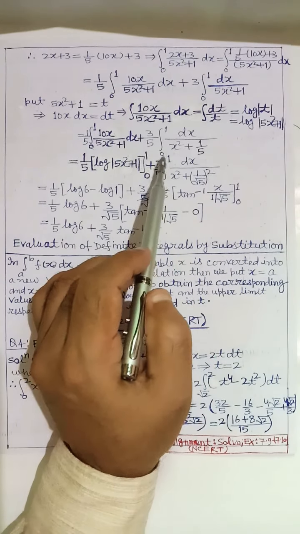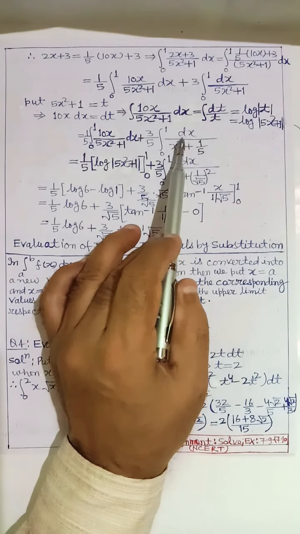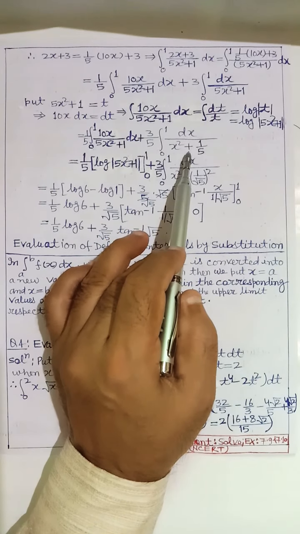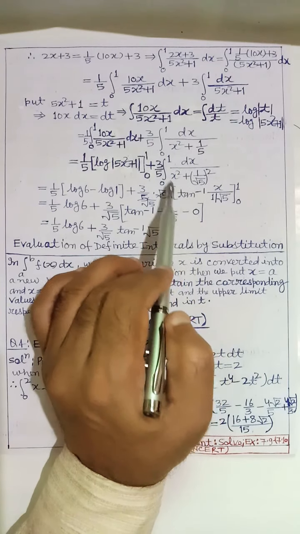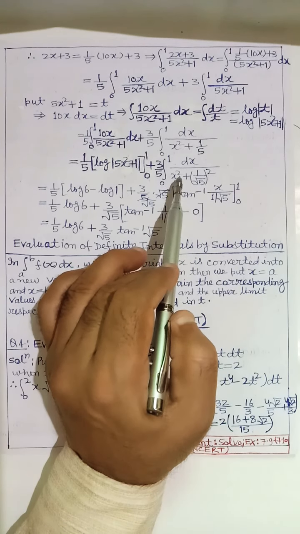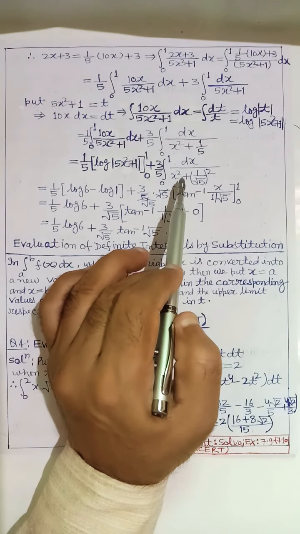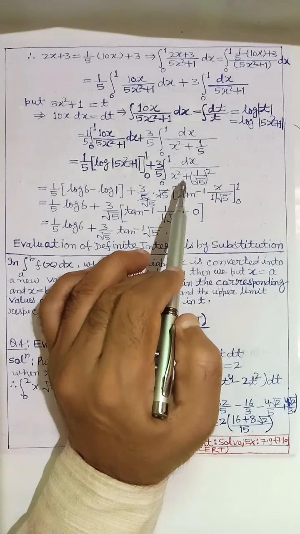Dear students, here we convert this dx by (x square plus 1 by 5) into the standard formula, that is integral of dx by (x square plus a square), and this is equal to 1 by a tan inverse (x by a) plus c.